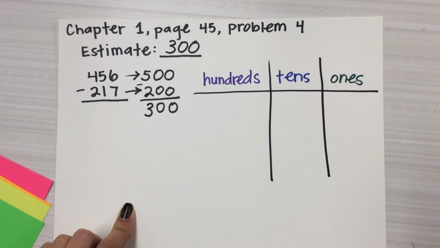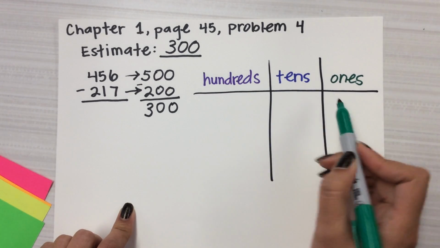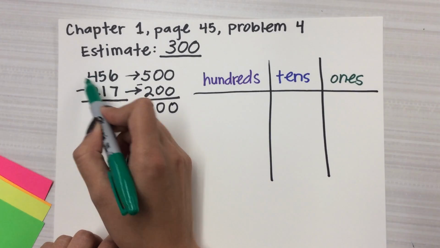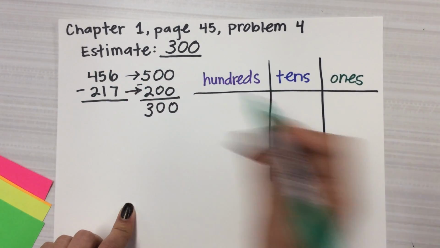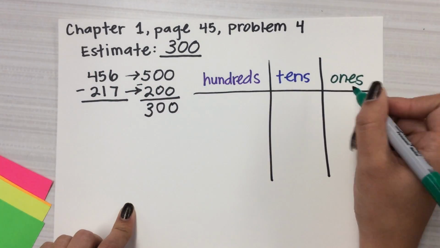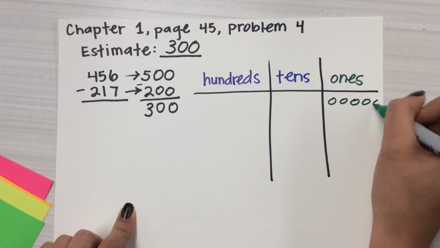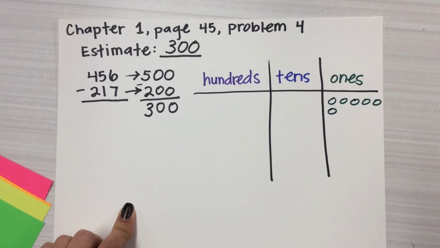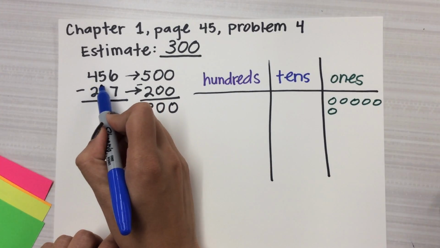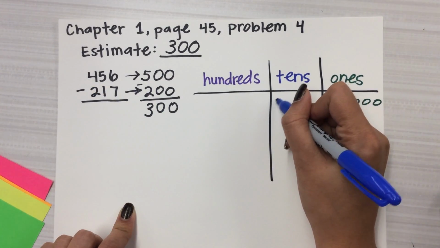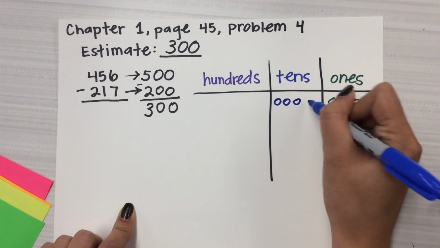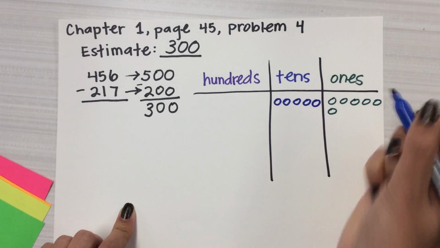So we're going to make sure that we draw this top number, 456. We have 6 ones, so we're going to go ahead and draw 1, 2, 3, 4, 5, 6. We have 5 tens, so we're going to go ahead and draw 1, 2, 3, 4, 5 tens.